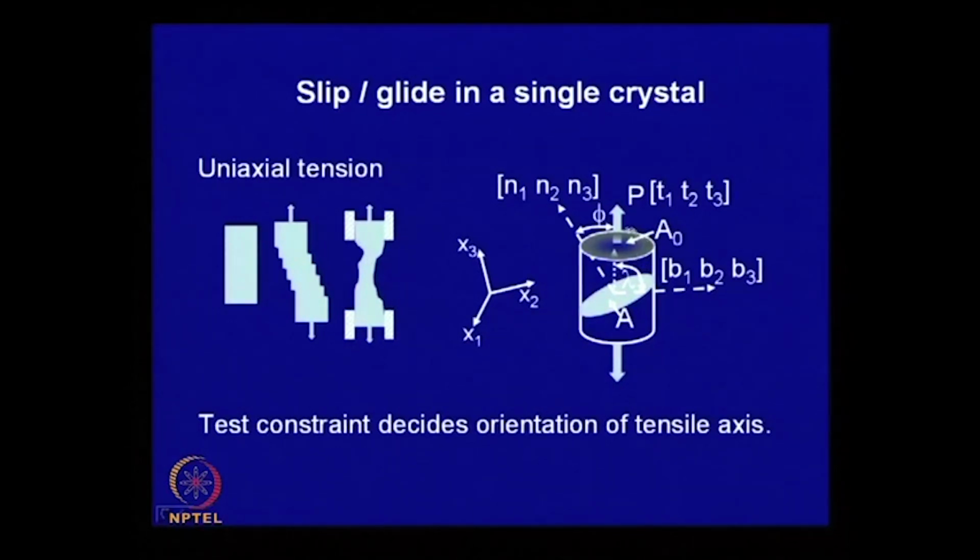Suppose this is a crystal and we have seen that slip can take place only on certain specific planes along specific directions. Now, this is a crystal here, we are applying a pull force P along a particular crystal direction, and the crystal axes are shown over here x1, x2, x3.